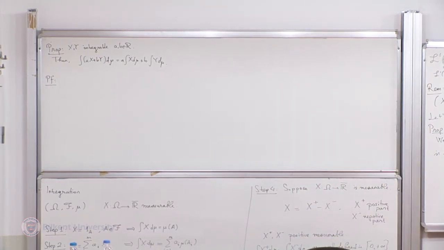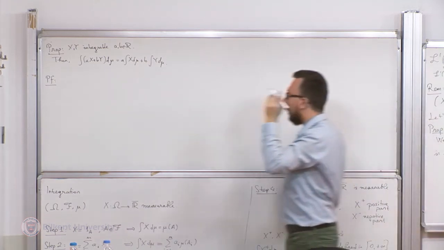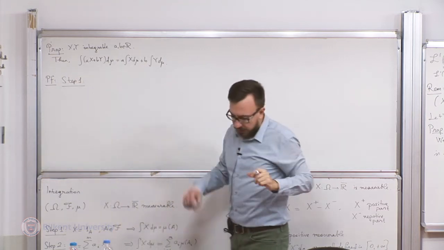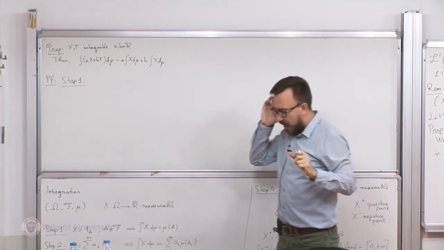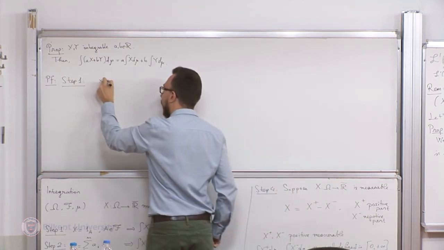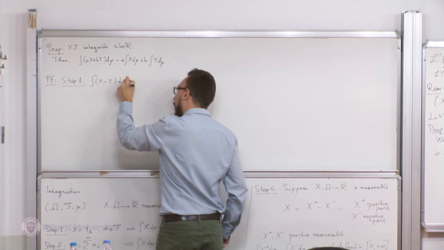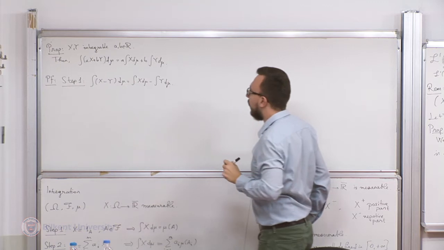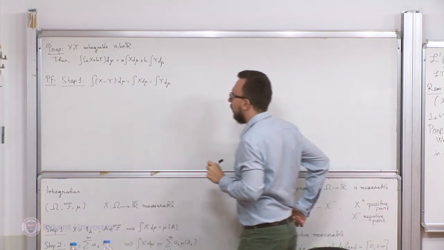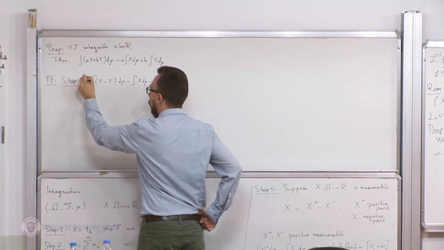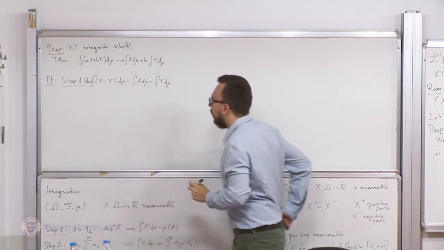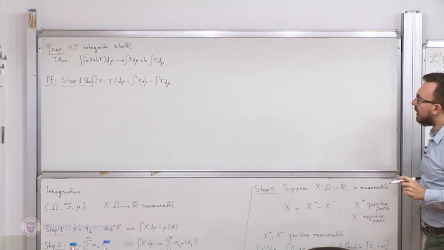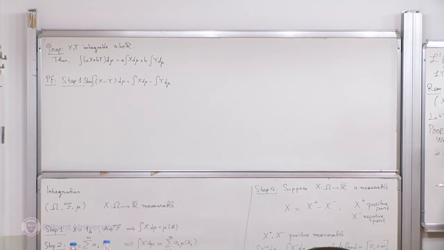Okay. And we will proceed in 2 steps. The first step is where you have just the difference of x and y. Okay, let's show this. So this is the case where a is 1 and b is minus 1.